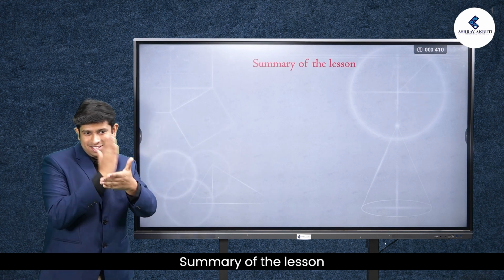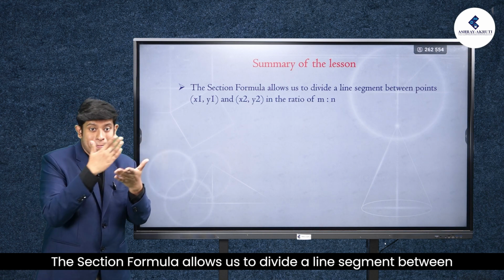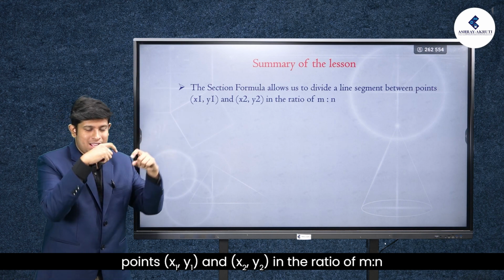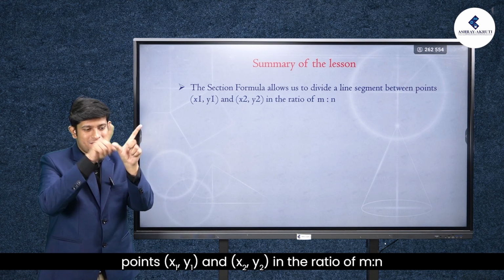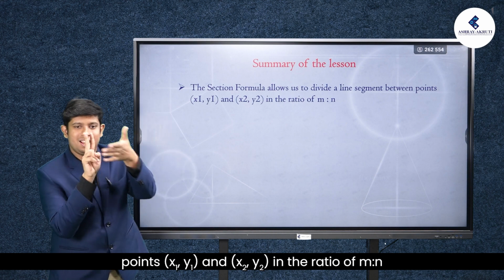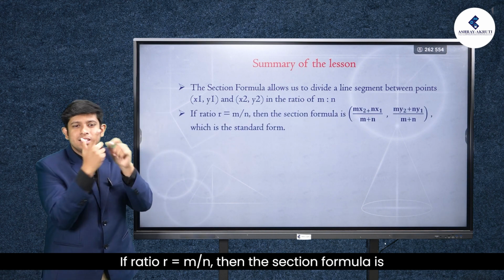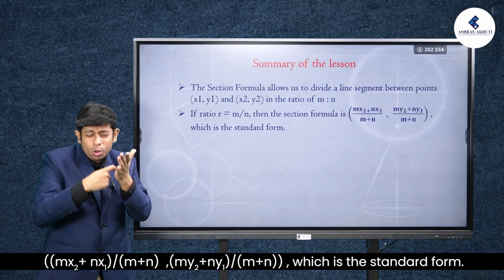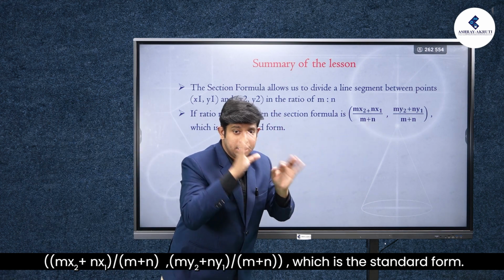Summary of the lesson. The section formula allows us to divide a line segment between points x1, y1 and x2, y2 in the ratio of m:n. If ratio r is equal to m by n, then the section formula is (mx2 plus nx1) by (m plus n), (my2 plus ny1) by (m plus n), which is the standard form.